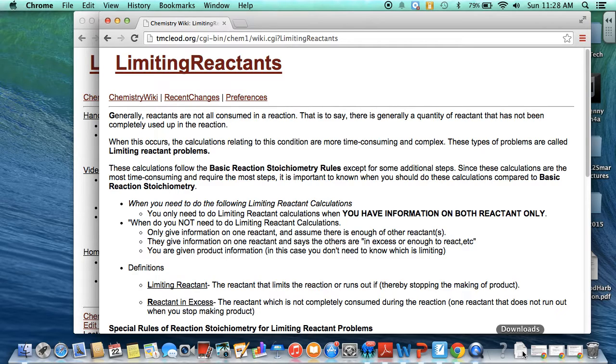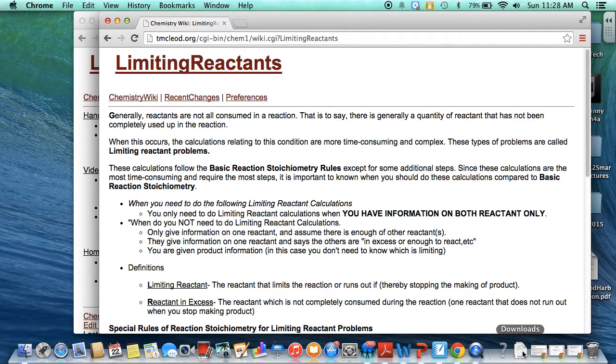So if they don't give you information about both reactants, let's say they give you just information about the products, or they give you information about one reactant and don't say anything else about another reactant, the assumption is that the other reactant has as much reactant as needed so that the information they gave you can occur.